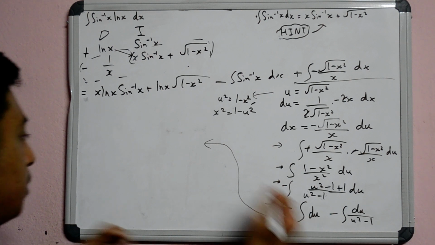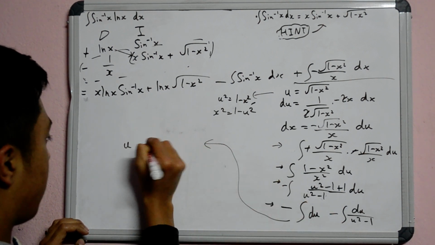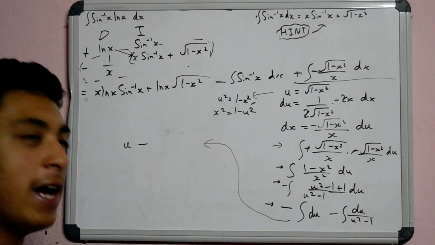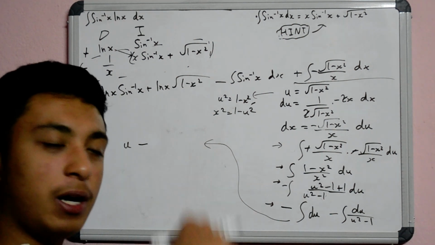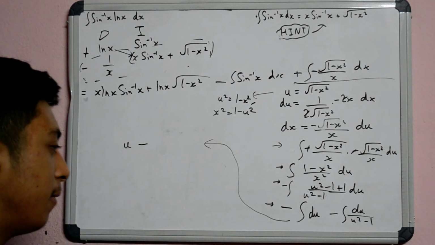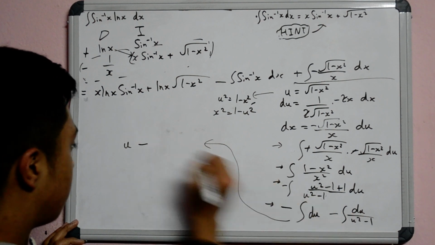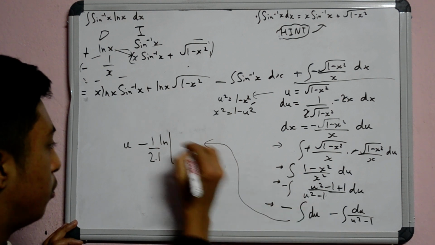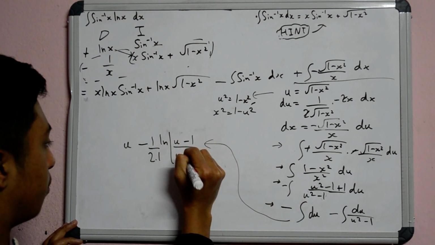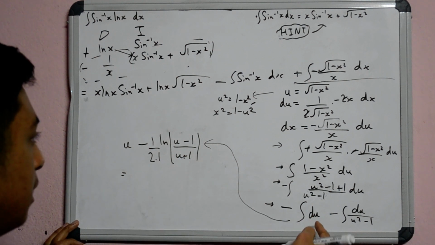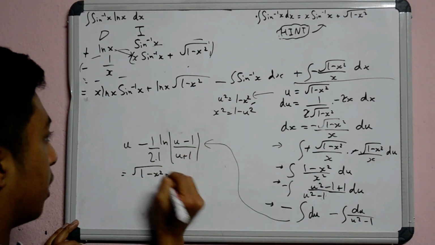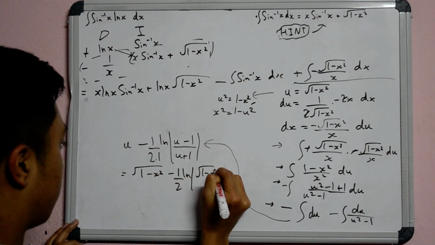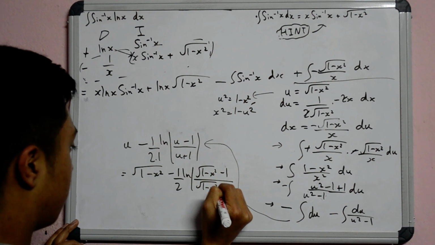So the integral of du will just be u, and minus these types of integrals. We have a special formula for them, and in fact I did a video in the very past. I may have to make a new video again. So this is going to be 1 by 2 into the constant, which is 1, log natural of the absolute value of u minus 1 by u plus 1. U in this case is root 1 minus x squared, so minus 1 by 2 log natural of root 1 minus x squared minus 1 by root 1 minus x squared plus 1.